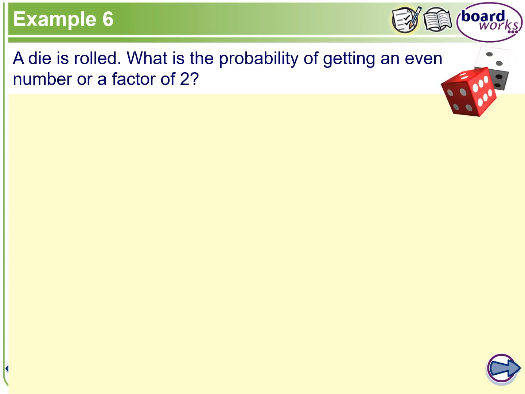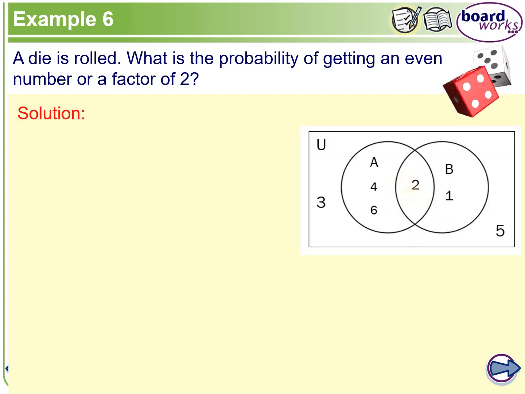What are factors of 2? 1 and 2, right? So in rolling a die, getting an even number is A. In the Venn diagram, A has 2, 4, 6, and letter B is factors of 2, which are 1 and 2.